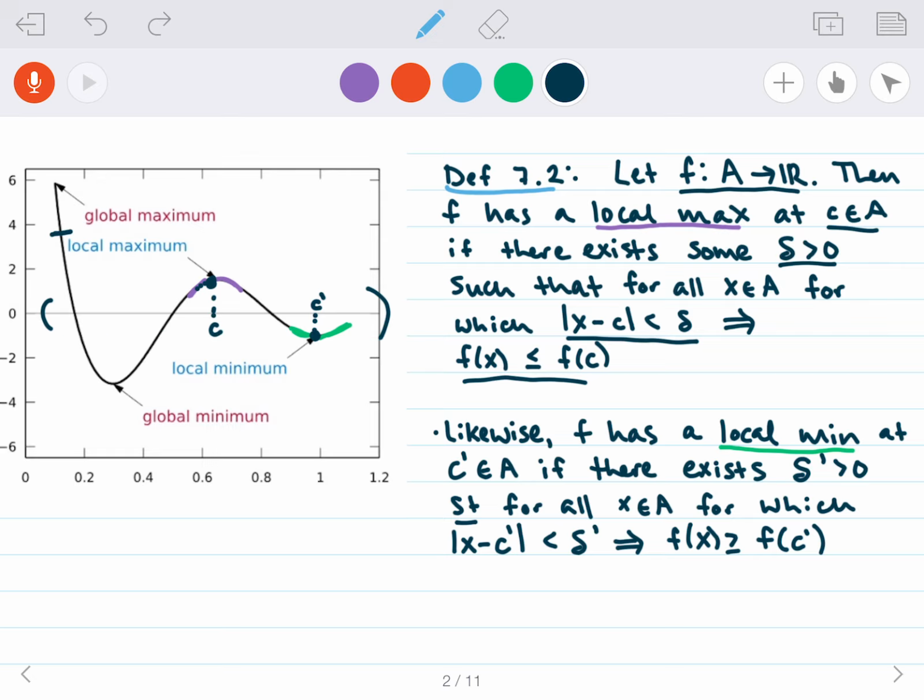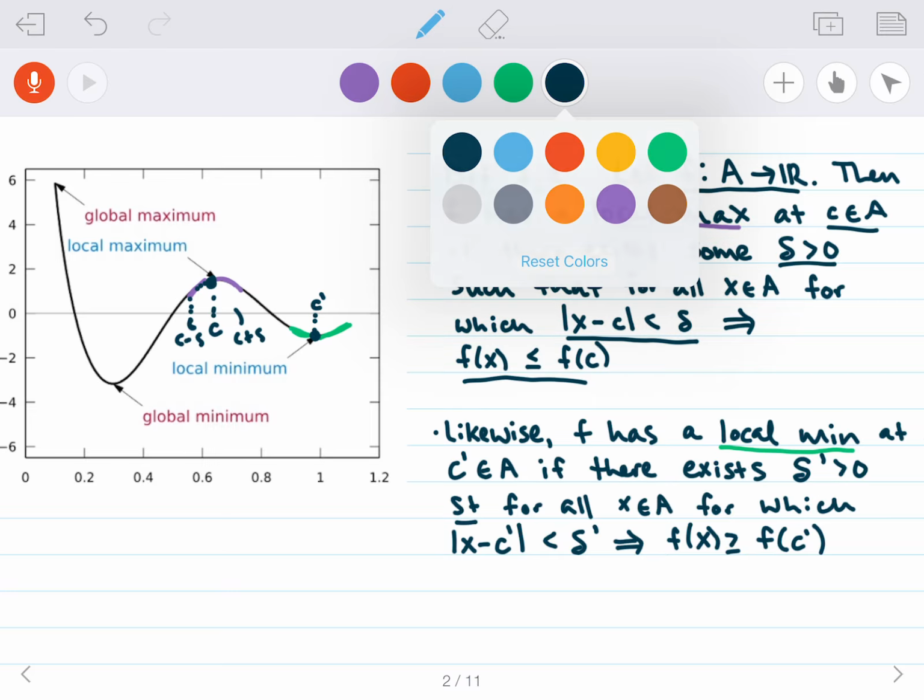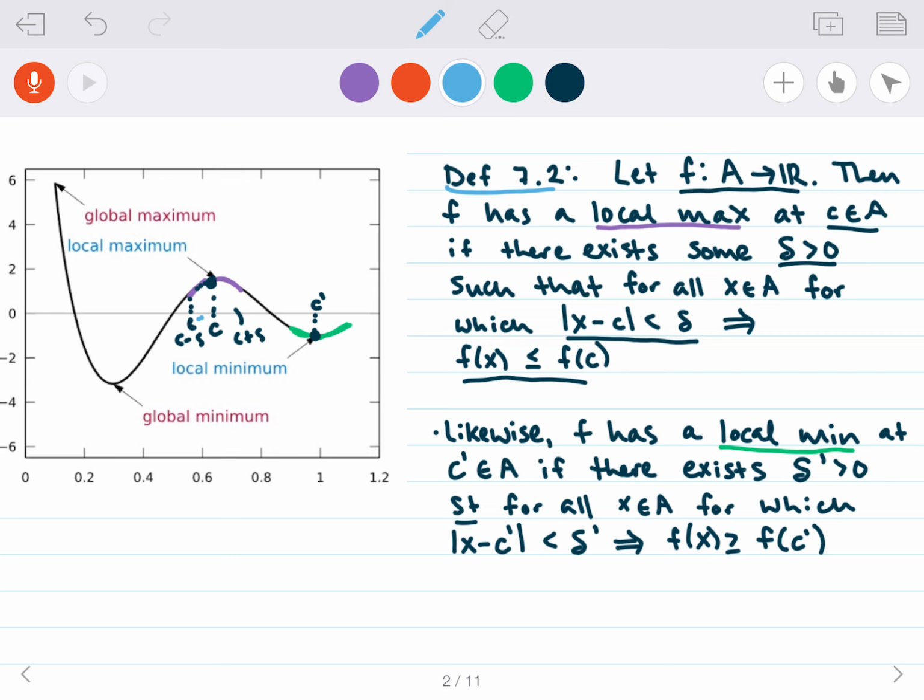So we want to make our neighborhood small enough so that this definition holds true. Here's my c minus delta, and here is my c plus delta, so that for any x in this neighborhood, f of x is going to be less than or equal to f of c, right? We can see that all of these little blue points are shorter than this one, which is f of c.